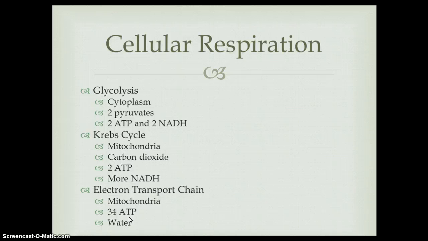This is basically why we need to breathe, because oxygen is what we call the terminal electron acceptor. It picks up those electrons that the NADHs drop off at the very end in order to allow this process to take place. So this is just a quick outline, a brief overview of cellular respiration.